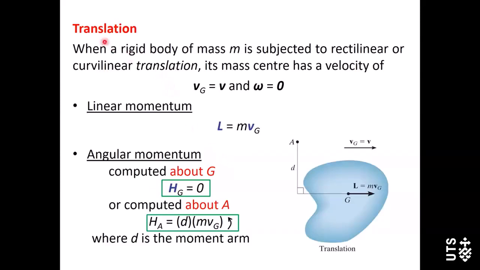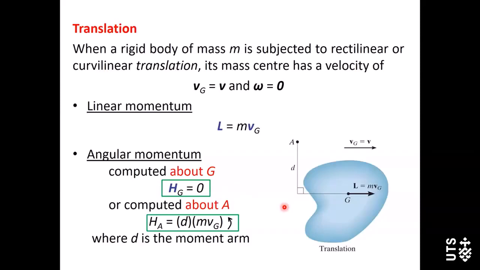So for example here, for translation, the angular velocity omega must be 0. So this means if we calculate the angular momentum about mass center point G, then Hg is equal to Ig times omega. Omega is 0, so Hg is always 0.